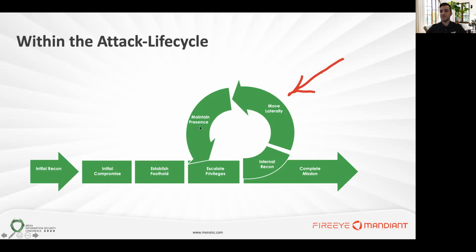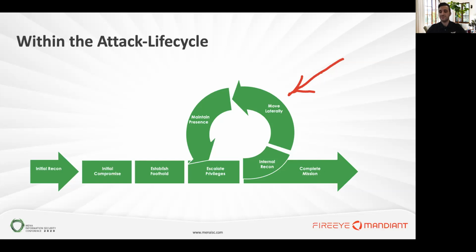Maintaining the presence: the attacker here is hiding his presence from investigative tools. He'll try again to install variants of backdoors to maintain his foothold in your network and hide himself from any protection or prevention tools that you have inside your environment.